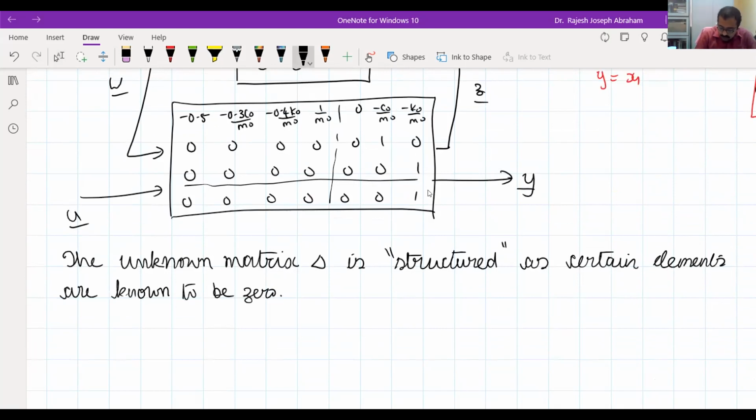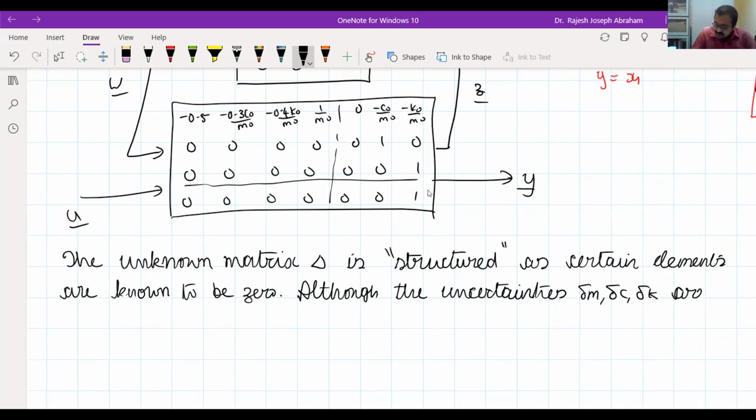But keep in mind, delta M, delta C, and delta K were real scalars. So although the uncertainties delta M, delta C, delta K are real scalars, the perturbation block delta.